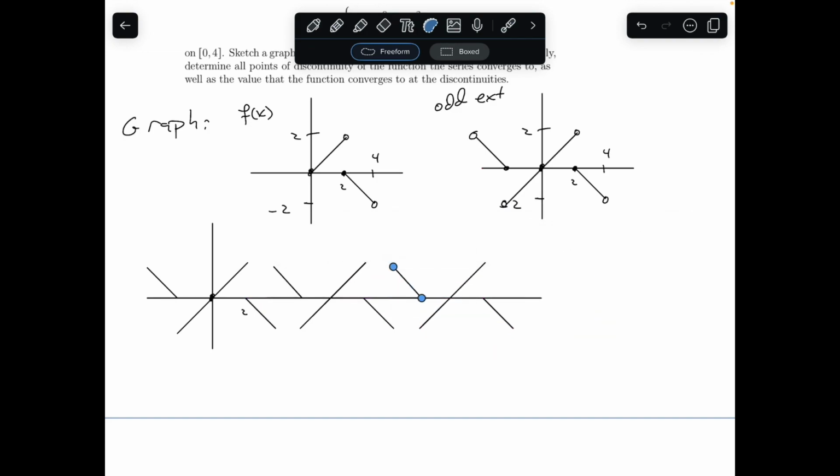Should be good. Okay, it's just not really lining up with this thing super well, but it's close enough. Anyway, you're just copy pasting this picture, right? And so we can see discontinuities here and then here. That should be an open hole. And here. And then these just keep repeating.